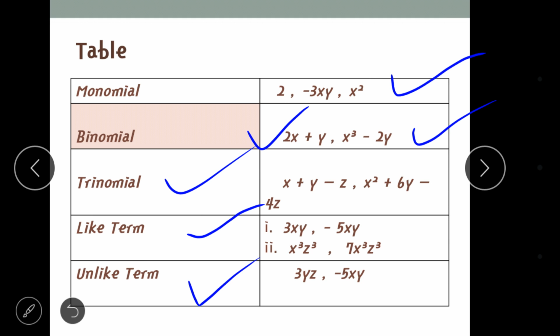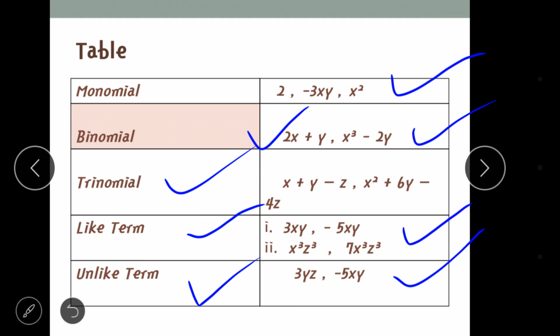Like terms means same variable and same corresponding exponent. Same variable and the same corresponding exponent is called like terms. These are the examples of like terms.